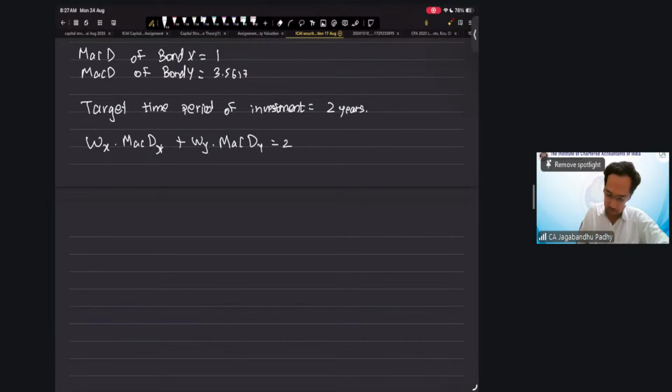So weight of bond X into Macaulay duration, which is 1, plus weight of bond Y, which is 1 minus weight of X, into 3.5617, is equal to 2.